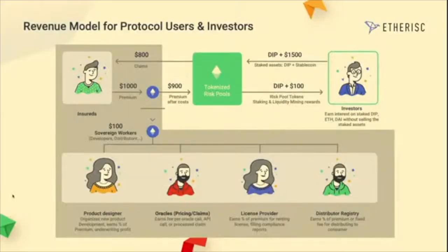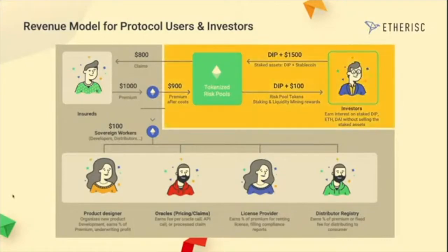That is essentially the model. Now let's have a closer look at the risk pool itself, how it works internally. This is what we already have: with ACRE Africa and our other project, Flight Delay, we have this gray area. This is already working, and we will soon be covering this yellow area with the risk pools.